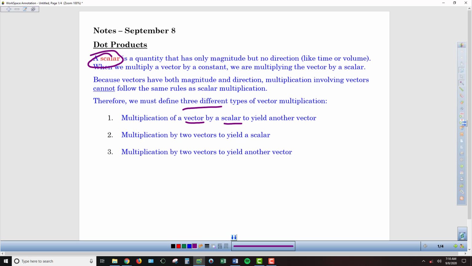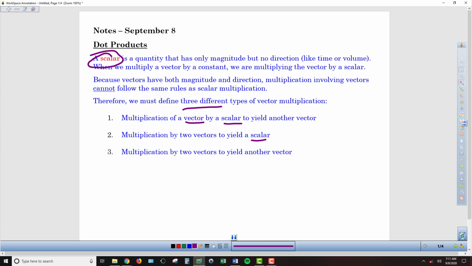So if I multiply a vector by 2, a scalar of 2, it just means that my vector now is going to have double the magnitude, but it's going to have the same orientation. If we multiply by a negative value, then it's going to reverse the direction of the vector and then change the magnitude by whatever number we multiply. Second is what we're going to be focused on today, which is multiplication of a vector by another vector to yield a scalar.